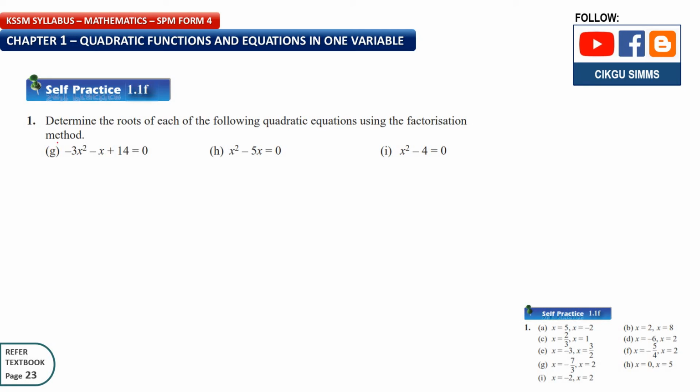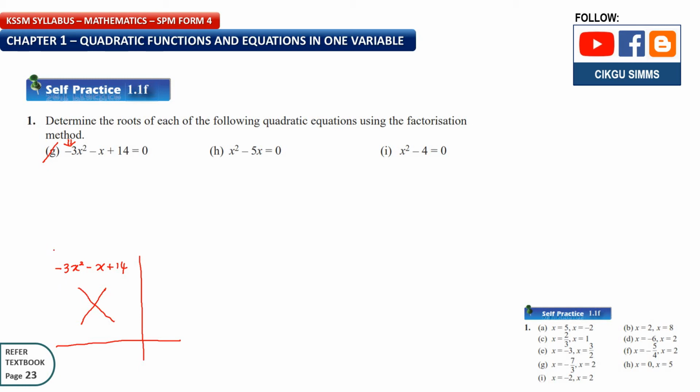Question G. Okay, this is even more complicated now because we have a negative at the front, but don't worry, we just do the same thing. Okay, so negative 3x squared minus x plus 14. For 3, only one group, right?